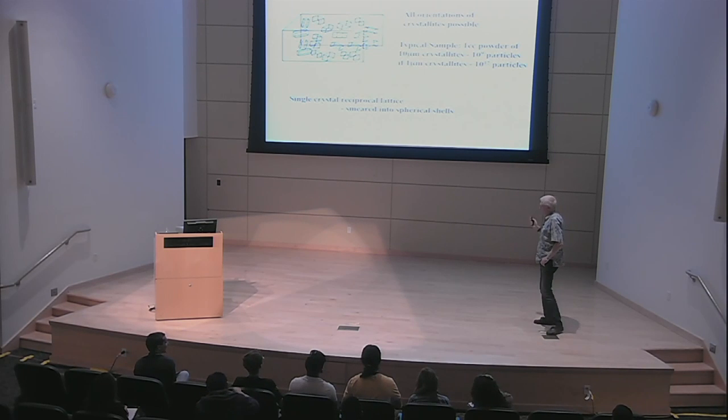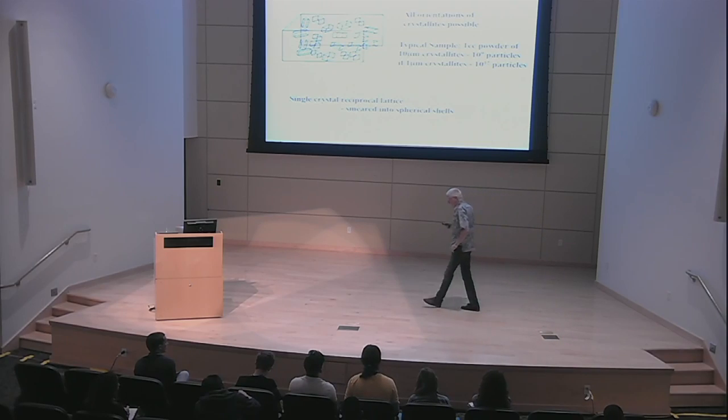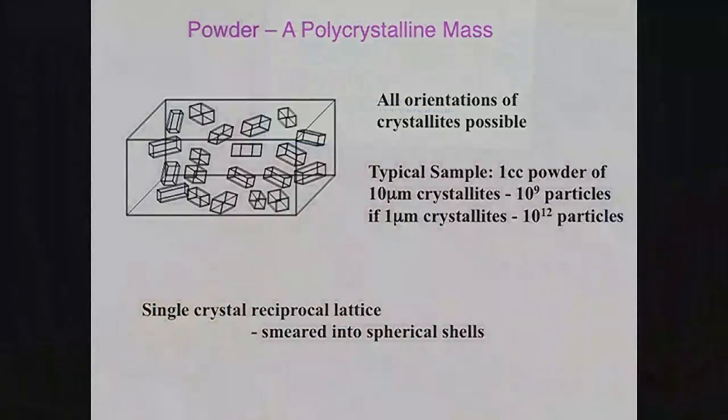So this phase problem is a serious issue. There are ways to overcome it. In particular, there are increasingly sophisticated ways with X-ray scattering of using boundary conditions and iterative computer procedures to overcome the phase problem and deduce the phases of the reflections.